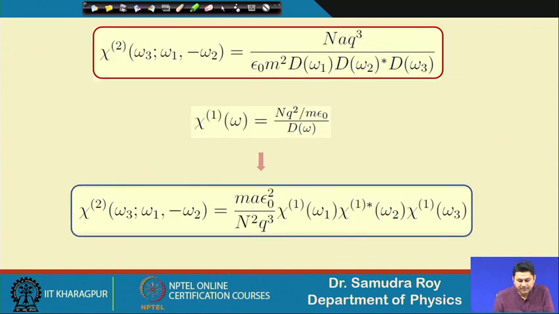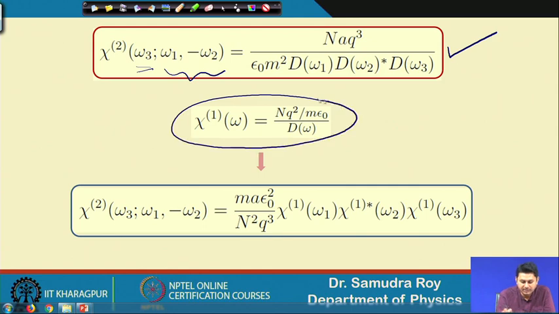This is a very interesting expression that we have actually. Let us go back to our previous equation, which we have been explaining so far. So, chi 2 is the second order susceptibility at omega 3, related to two frequencies, omega 1 and minus omega 2. But we already know that the first order susceptibility is a frequency dependent term, and it can be represented in this way.